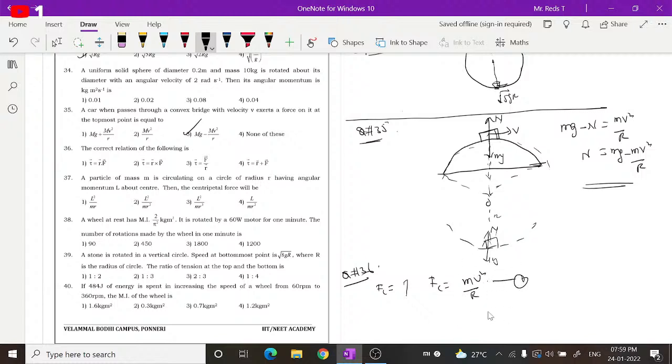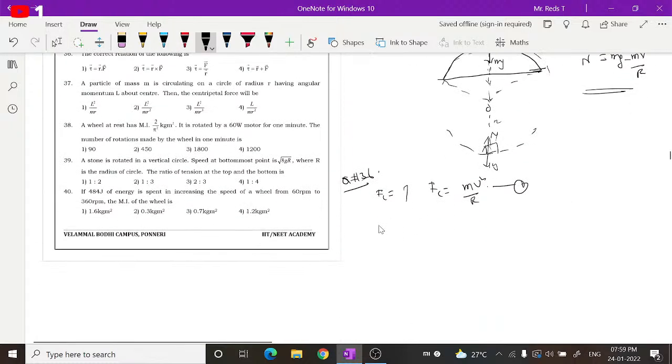Let us say this is equation 1. We also know that angular momentum L is equal to mvr. So if you want centripetal force in terms of angular momentum, let us replace any of these terms with L, either m or v or r.